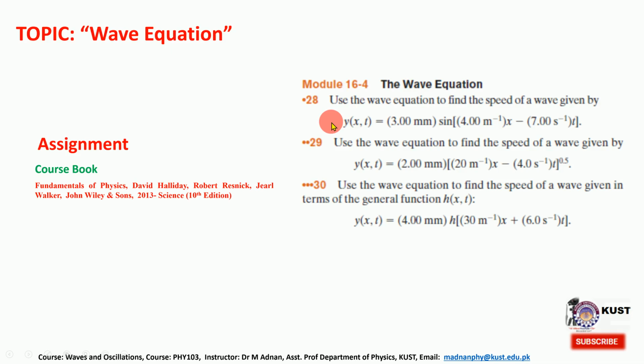Using the wave equation means that you need to differentiate this function twice with respect to x, and then differentiate it twice with respect to time, and then equate them such that 1 over v squared will be on one side, and from that expression you will find that the speed will be equal to omega over k. Here you have omega and you have k, and you just need to go through the wave equation. Similarly with the other two problems.